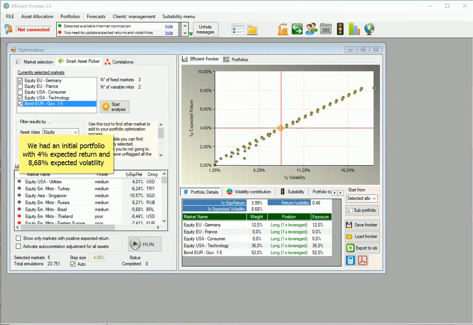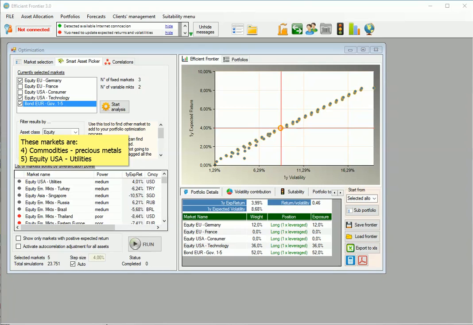We had an initial portfolio with 4% expected return and 8.7% expected volatility. It was based on the following markets: equity Germany, equity US technology, and Euro govies 1 to 5 years. With the Smart Asset Picker, we found 2 more markets that could enhance our starting portfolio.